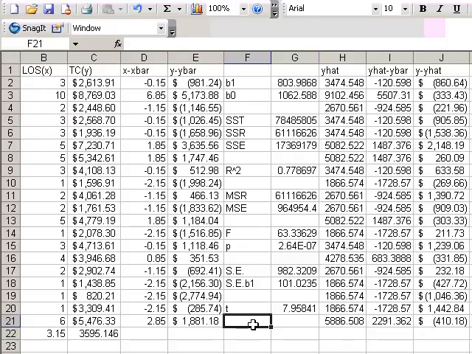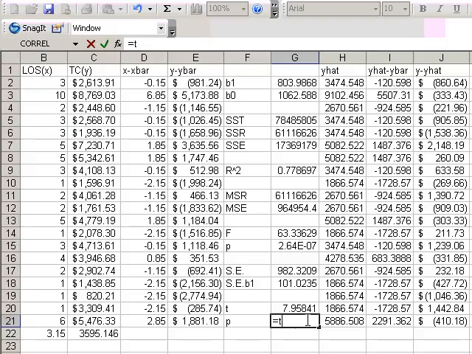The probability of the t is also exactly the same as the probability of the f. It is equal to T.DIST, the t value, the degrees of freedom in the error, and this is a two-tailed test.